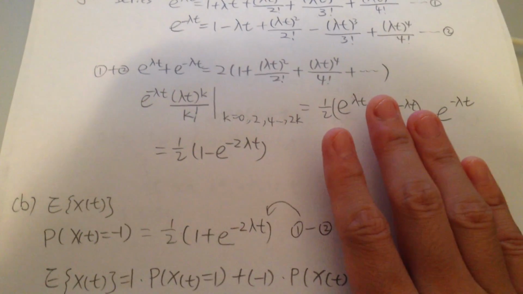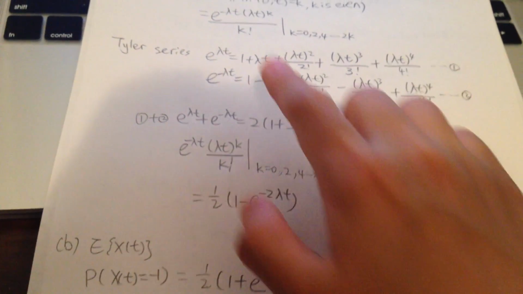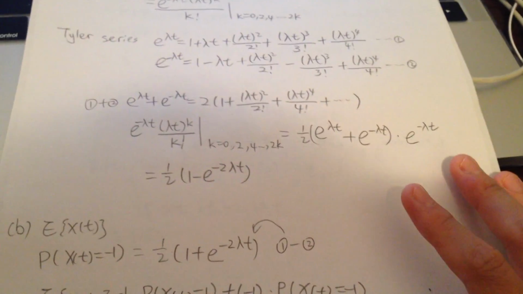So this is the answer for the probability that X(t) equals 1.